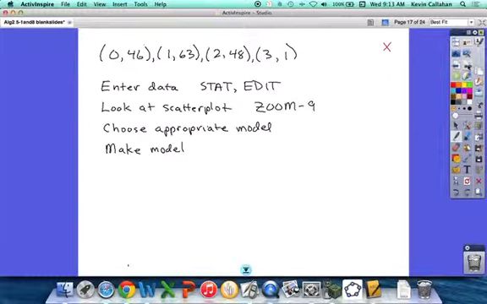Just hit 1. Enter. Okay. Zoom 9, if you got the points in already. Second stat plot. You have it turned off, right? Enter to turn it on.